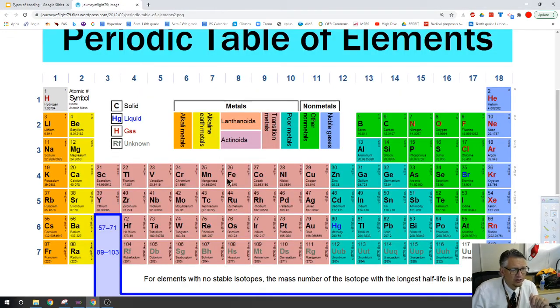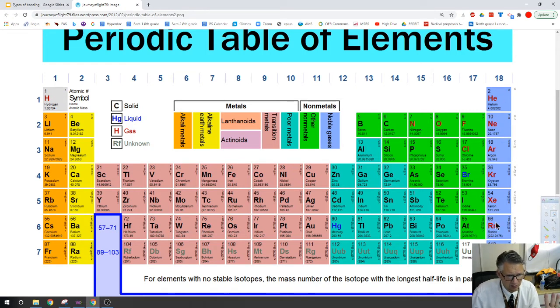When we talk about a metal with a non-metal, these are the metals, and they are going to combine with something that is a non-metal in here. Now, noble gases aren't going to combine at all because they're happy.